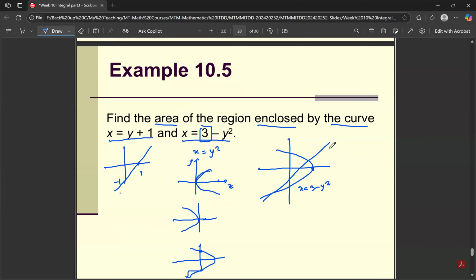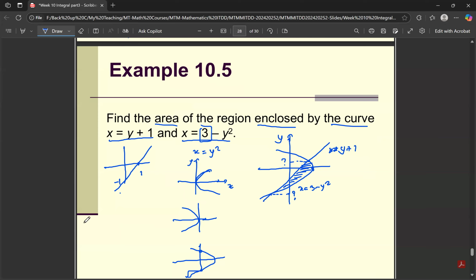This is x is equal to y plus 1. So in this case, we want to integrate with respect to y. So we need to find the value, because the area is like this.